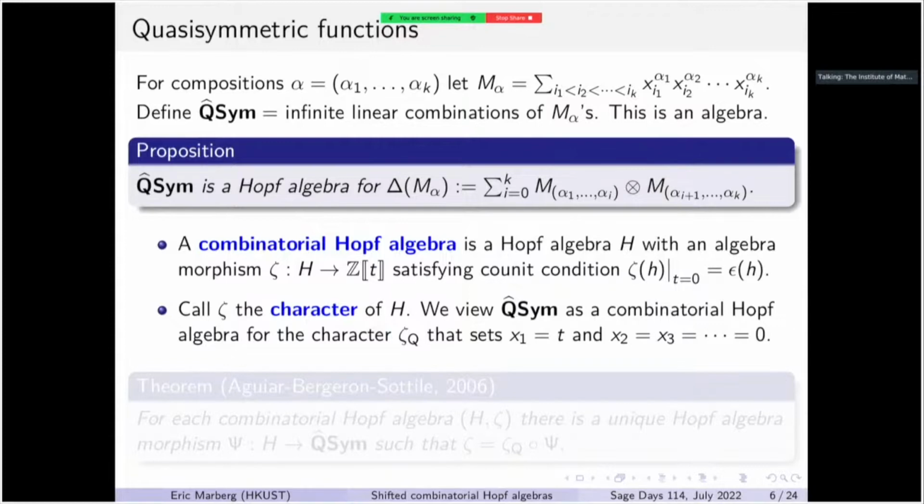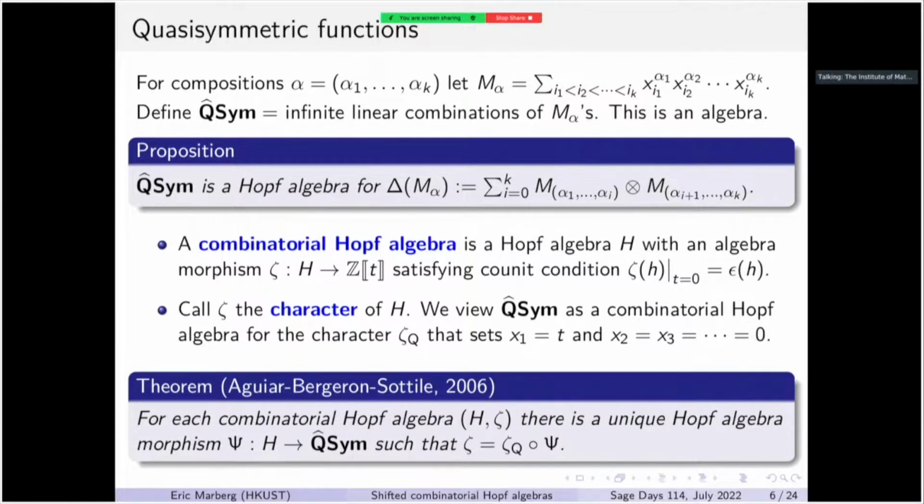For all of our objects, the co-unit is just set variables equal to 0. So in this setup, we have a Hopf algebra. We have this algebra morphism with this very mild condition, and then we view quasi-symmetric functions as a pair of this form, where we take the character to be the map that sends one variable to t and all the rest to 0. So you could rephrase this as sending any one variable to t and the rest to 0.